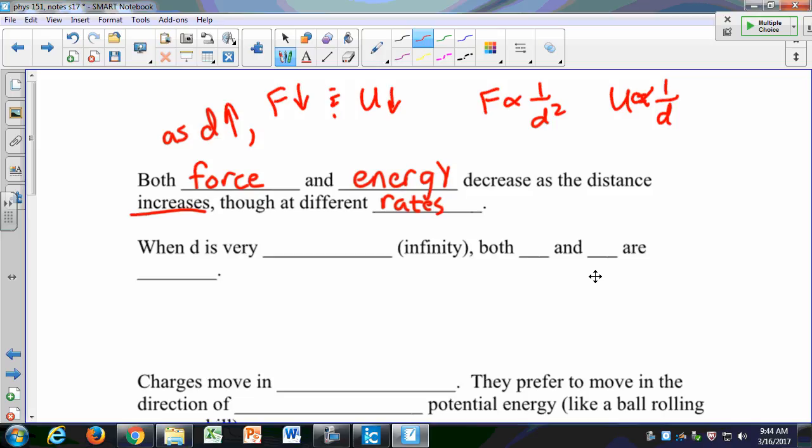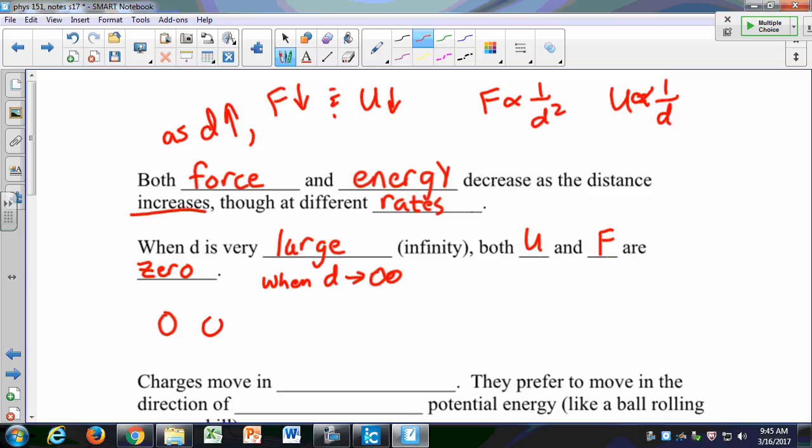Yeah. All right, so when D is very large, we would say when D approaches infinity, when it gets really, really big, as you move farther and farther away, both U and F are 0.